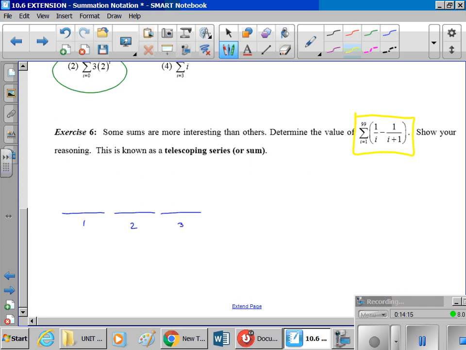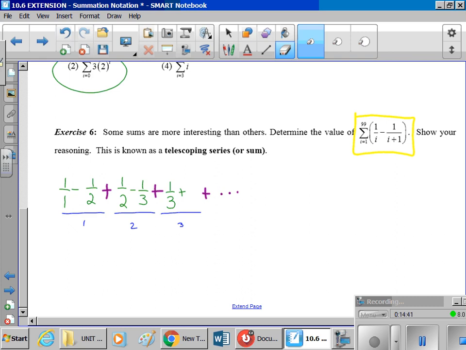So when I is 1, we get 1 over 1 minus 1 over 2. The second term is 1 over 2 minus 1 over 3. Now remember, in between here, we're adding these. All right, so the third term is going to be 1 over 3, I'm sorry, not plus, it's a minus sign, minus 1 over 4.